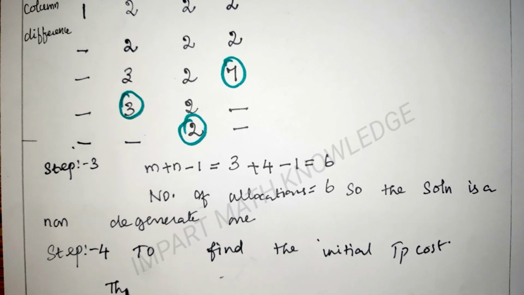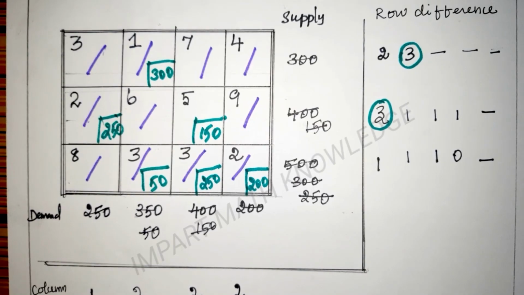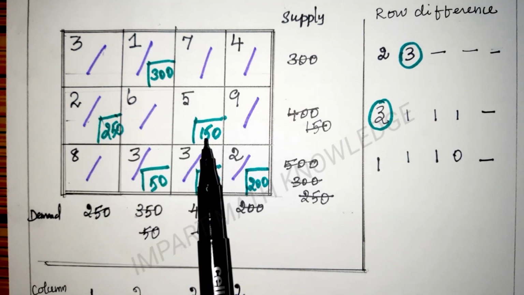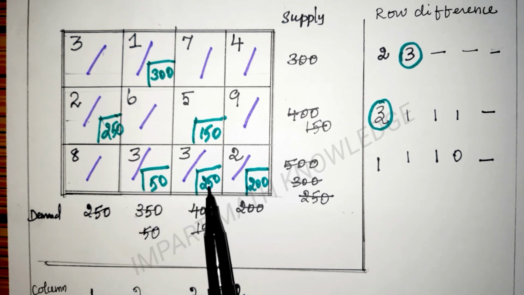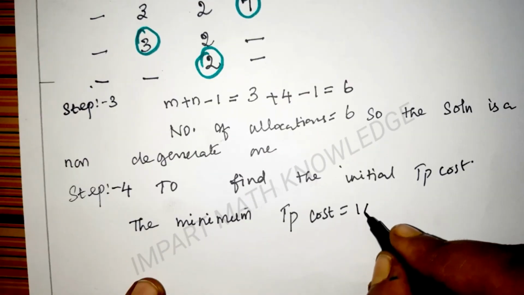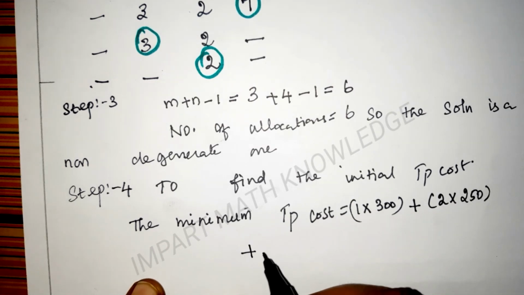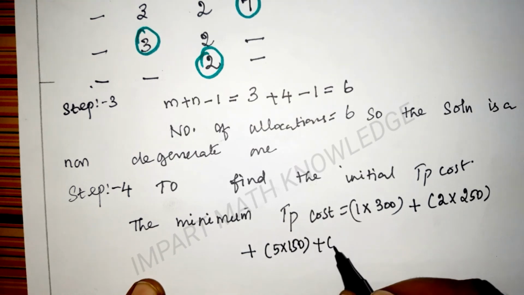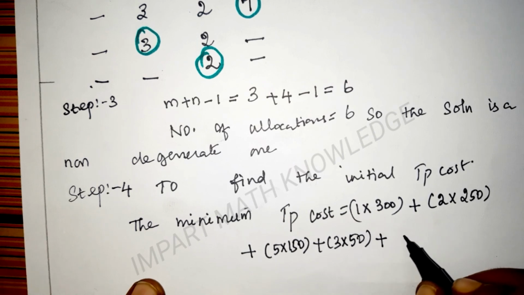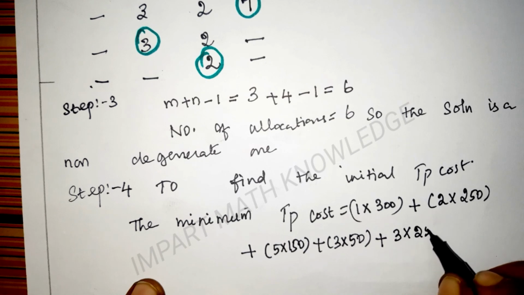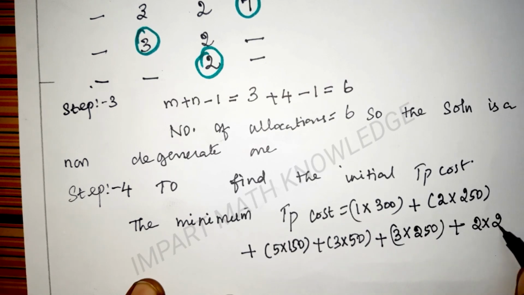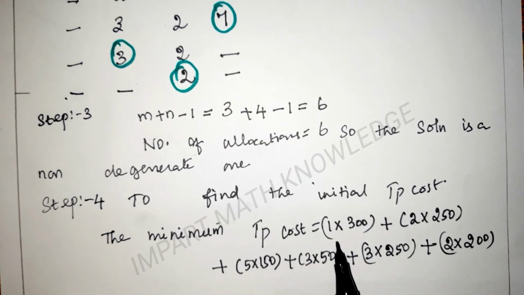The minimum transportation cost is 1 into 300 plus 2 into 250 plus 5 into 150 plus 3 into 50 plus 3 into 250 plus 2 into 200.